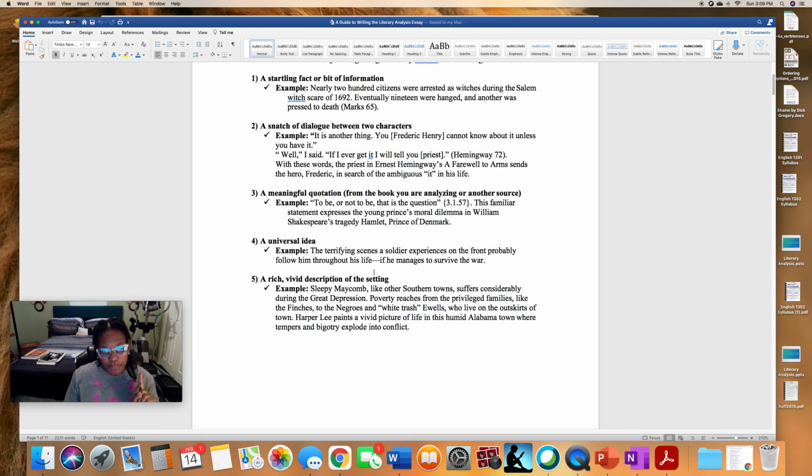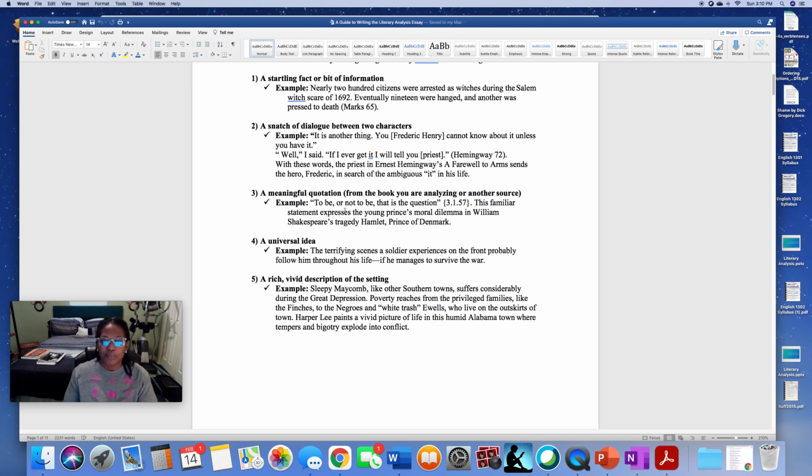I think for the purposes of our literary analysis, and because of the prompt, which is asking you to write about point of view, character, theme, and setting, you probably are going to want to use either numbers 2, 3, 4, or 5 here, depending on if you're writing about character or setting or theme or point of view.